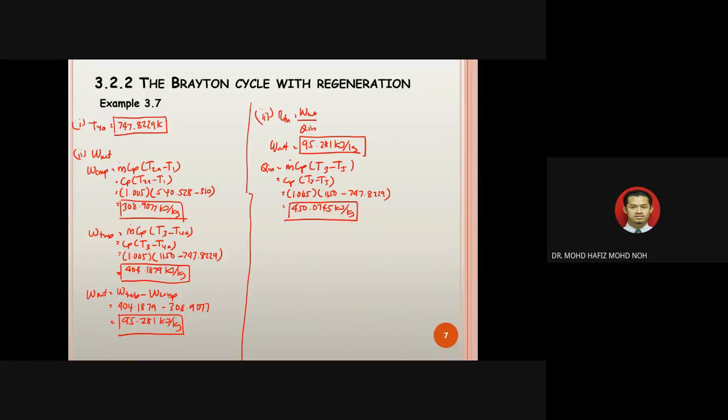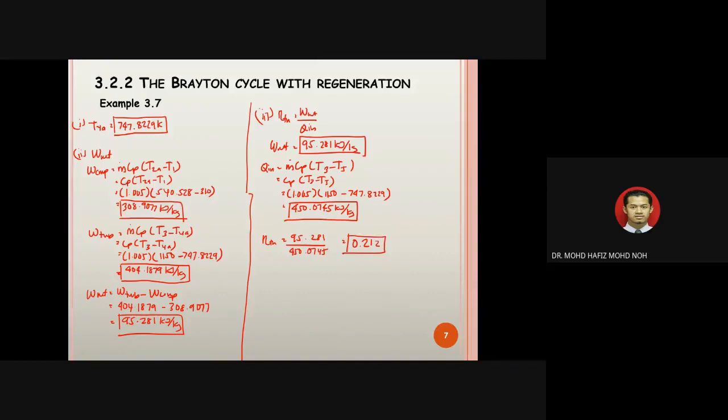So from here you can calculate the thermal efficiency, which is 95.281 divided by 540.07545. So you get the value of thermal efficiency of 0.2112. Alright, I hope you understand this one. So you answer all the questions.